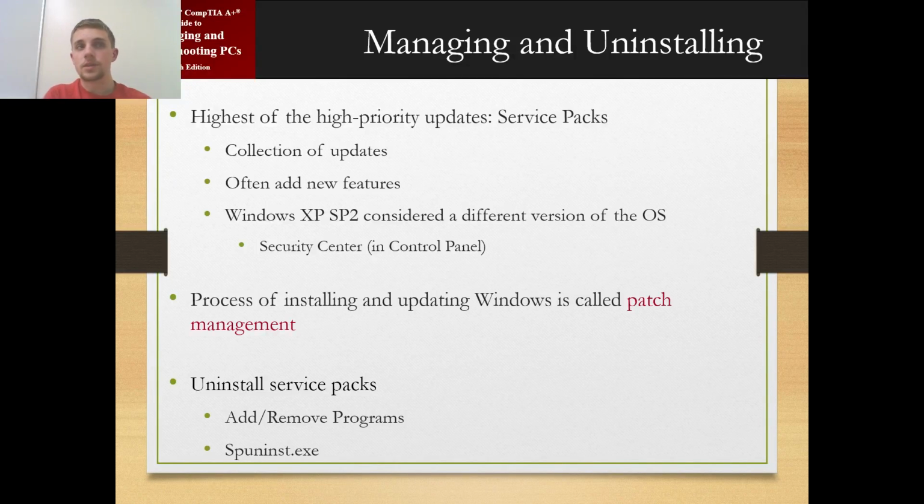And then the process of actually updating Windows is known as patch management. So you can remove service packs through control panel, or you can use spuninst.exe. It's easiest just to go through control panel.